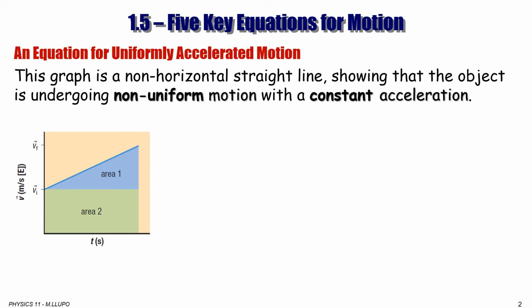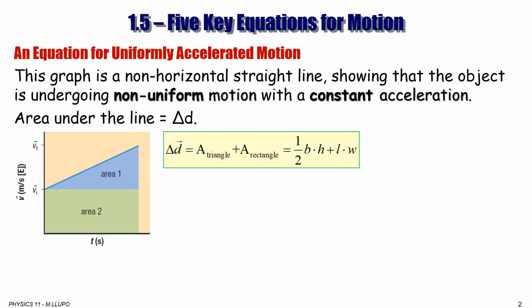Since that is a velocity-time graph, we should be able to calculate the area under the line. The area under the line is equal to the area of the triangle plus the area of the rectangle. Area of the triangle is base times height divided by 2. Area of the rectangle is length times width.